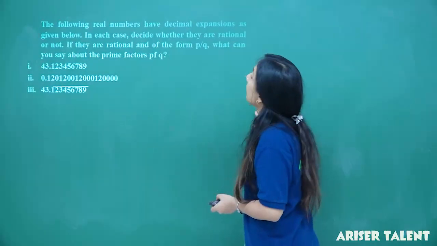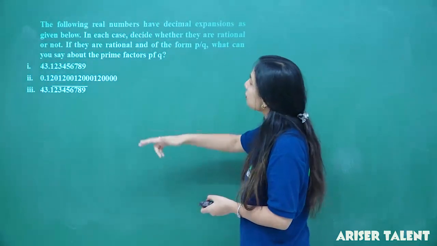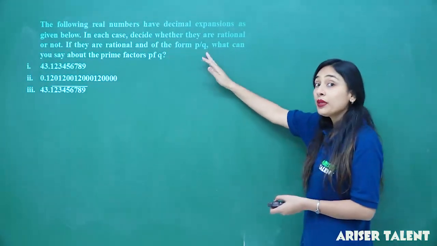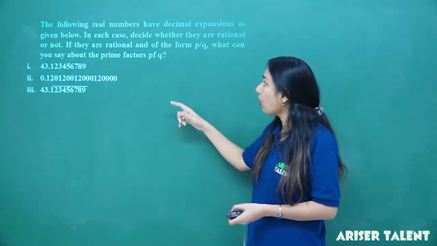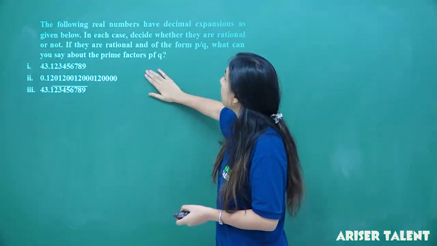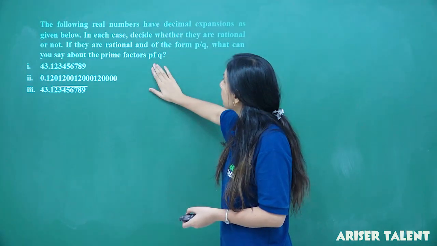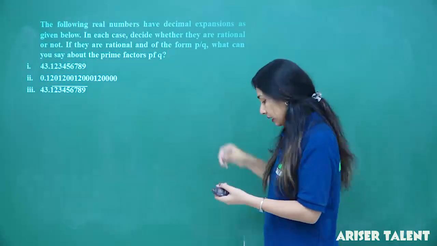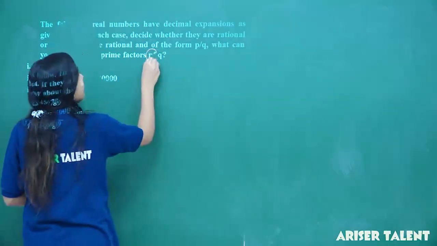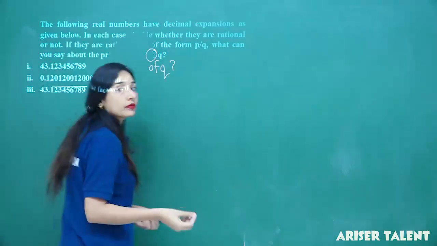In each case, decide whether they are rational or not. If they are rational and of the form P by Q, what can you say about prime factors of Q? Okay, it's not prime factors of P and Q, correct it. It's prime factor of Q. Okay.